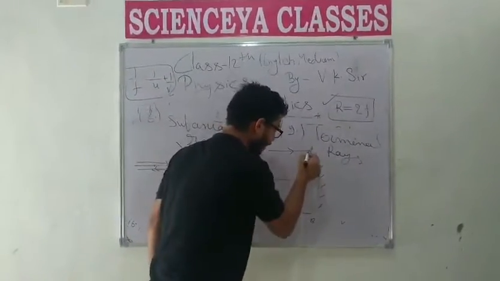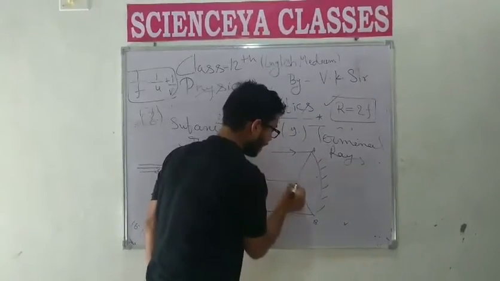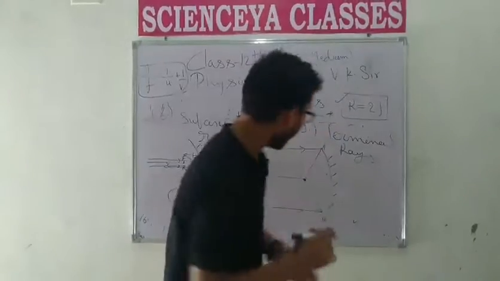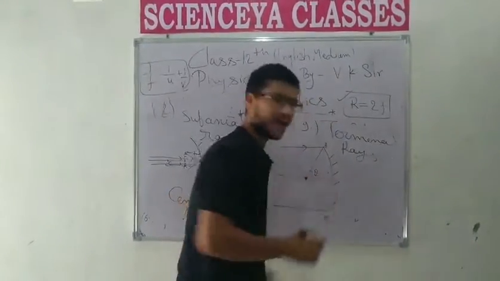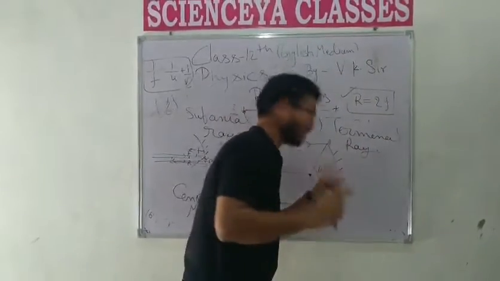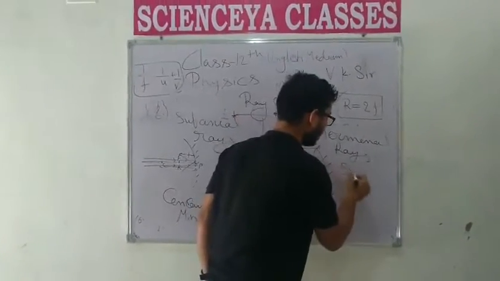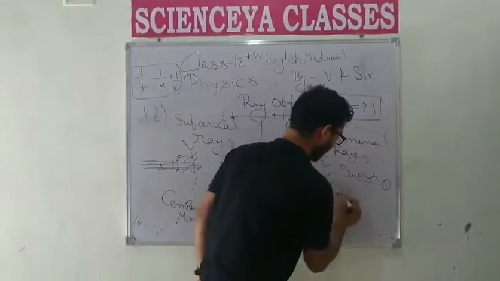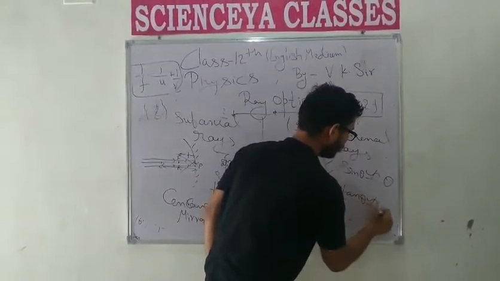After reflecting, these pass through the focal point. You all know about it. The angle formed by a terminal ray and the principal axis is large. In the case of a terminal ray, sin theta is not equal to theta, and tan theta is not equal to theta.